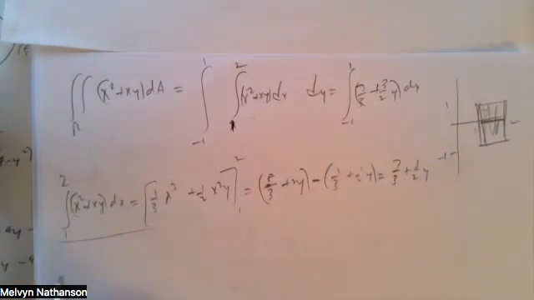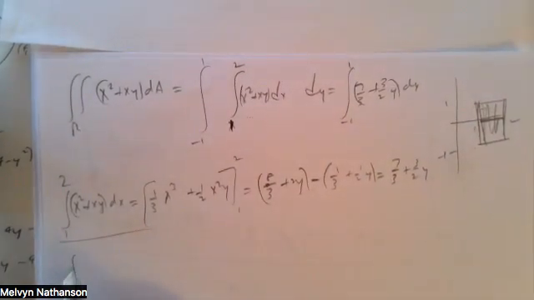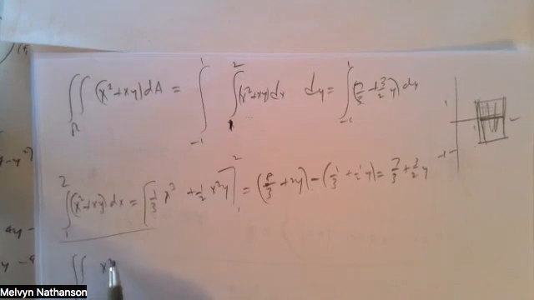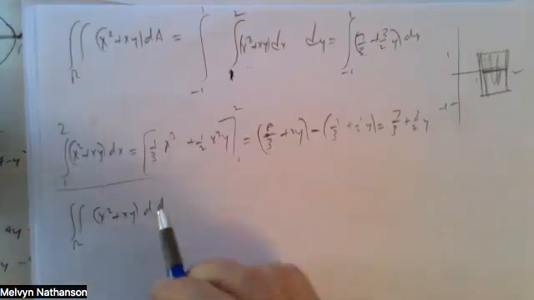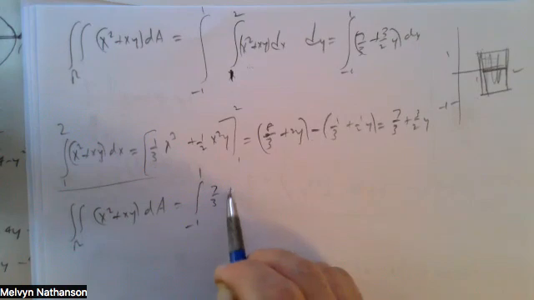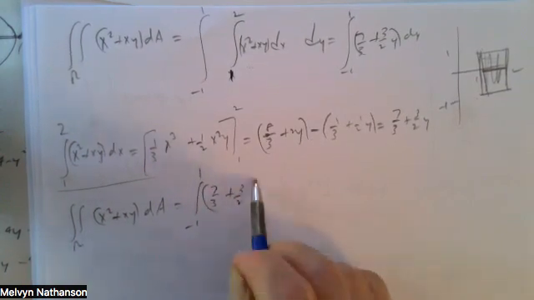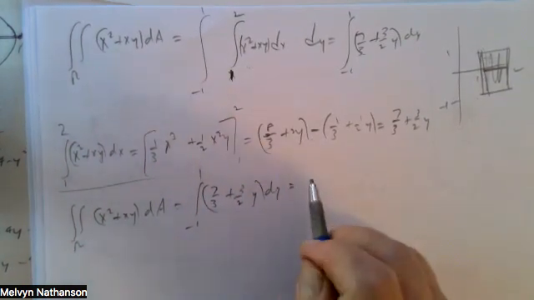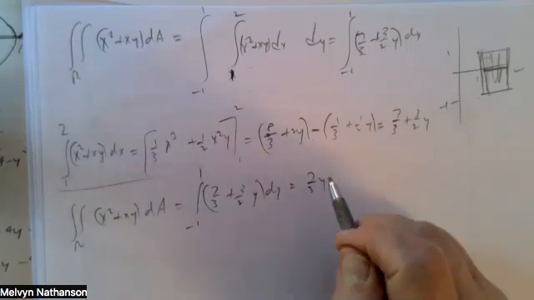Let me just do that over here. So this double integral, x squared plus xy dA, is now the integral from -1 to 1 of 7/3 plus 3/2 y dy. That's 7/3 y.